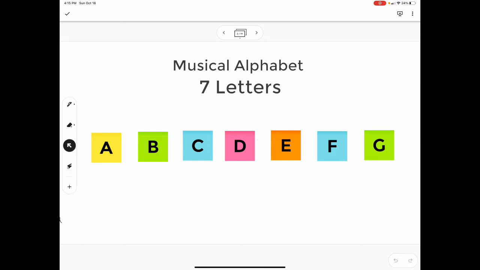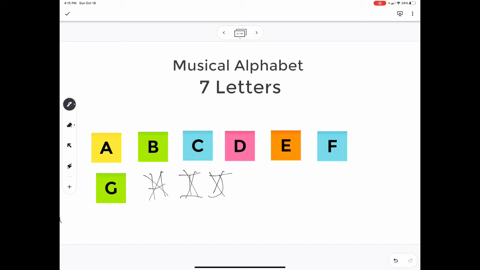After we finish G, the next note would definitely not be H. There is no H in music. There's no I in music, and so forth. All right? So these notes do not exist in the musical alphabet.